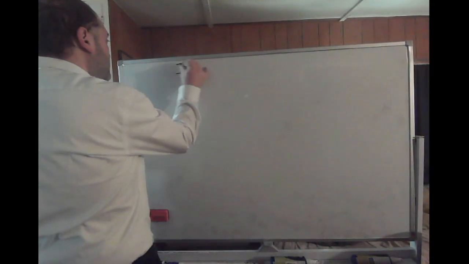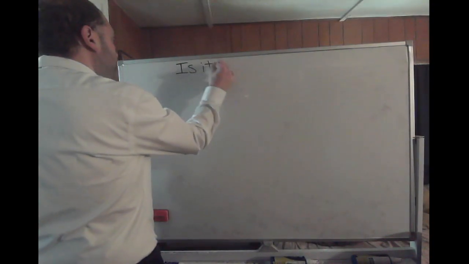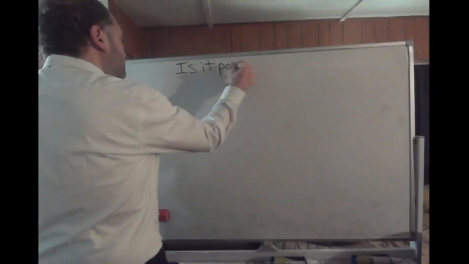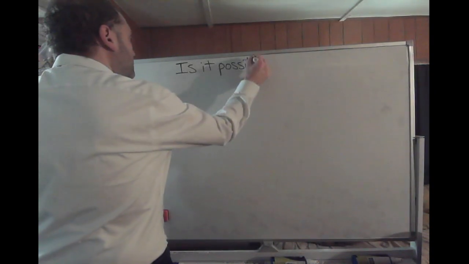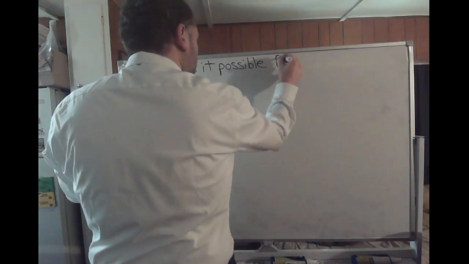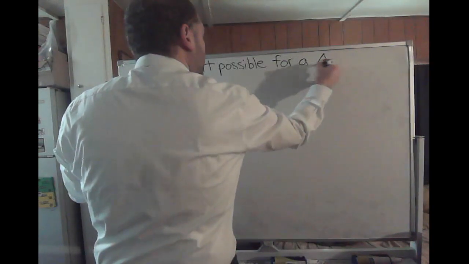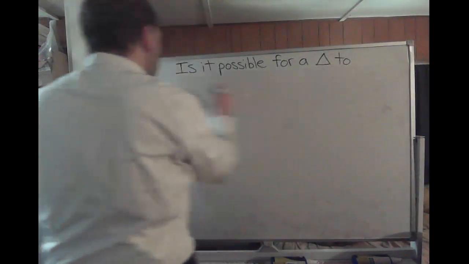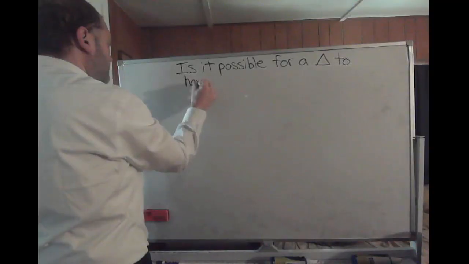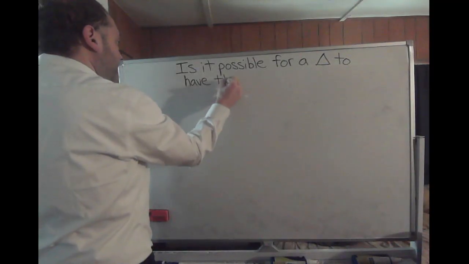Alright, so in this particular case, is it possible for a triangle to have the following lengths?